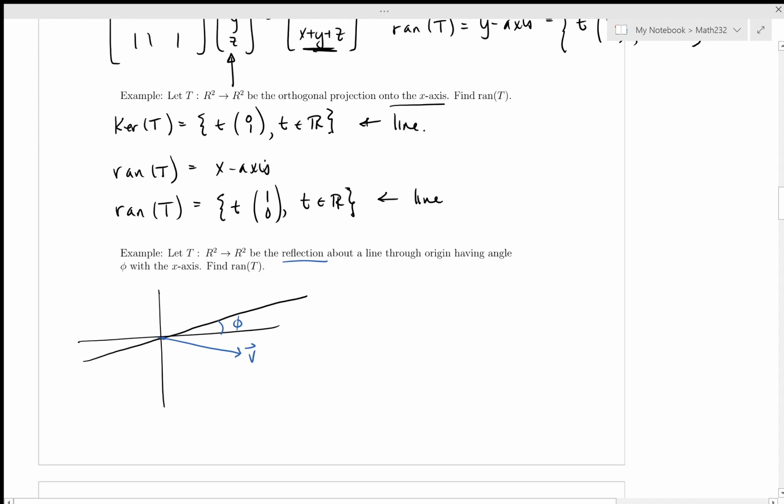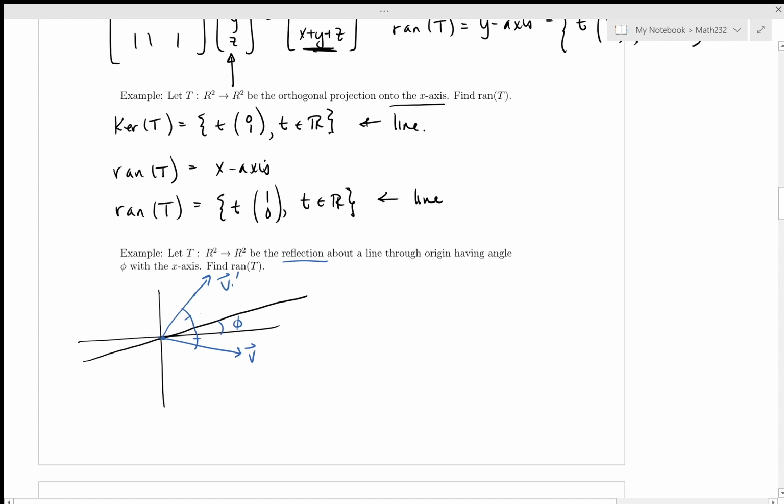I'm trying to get that roughly right. It looks to be about up here, such that this angle here is equal to this angle here, and the length is preserved under reflection. Let me call this v prime, the image of v under T.